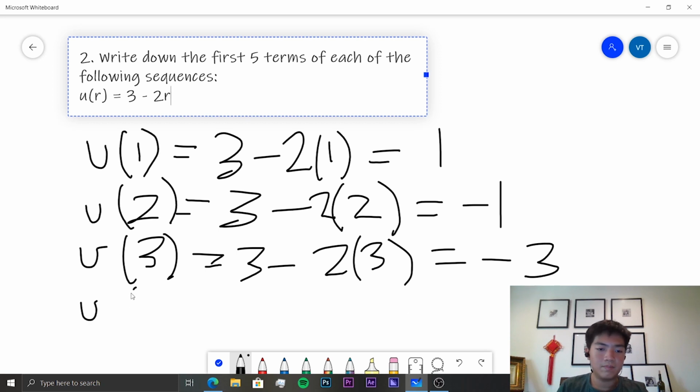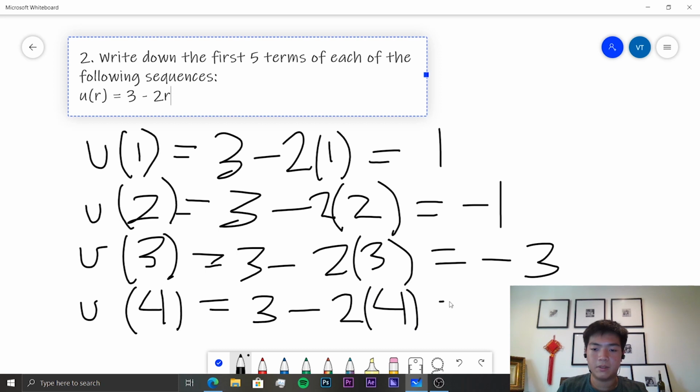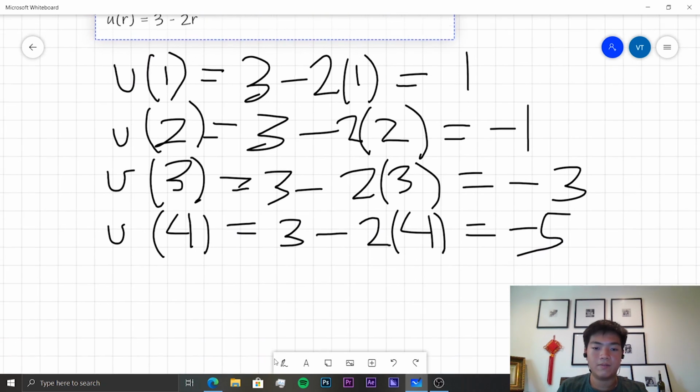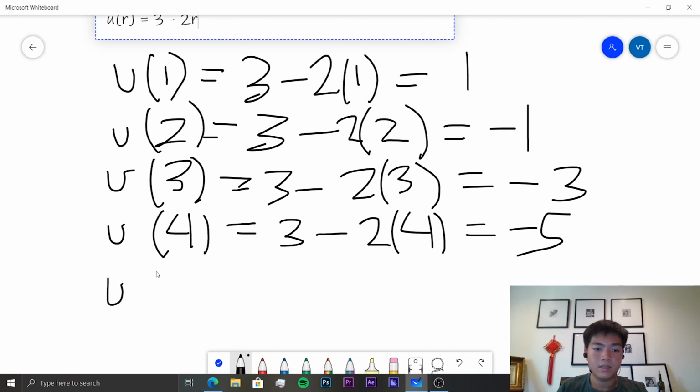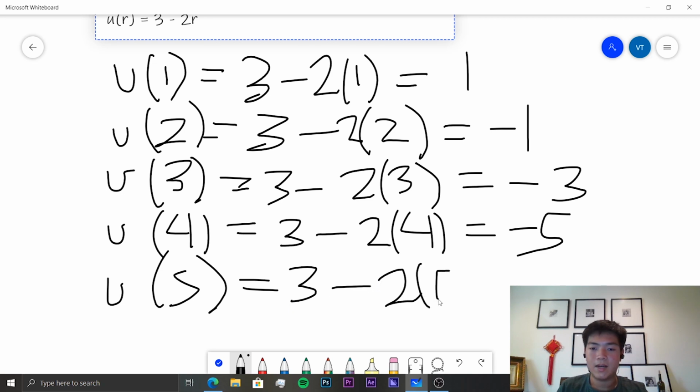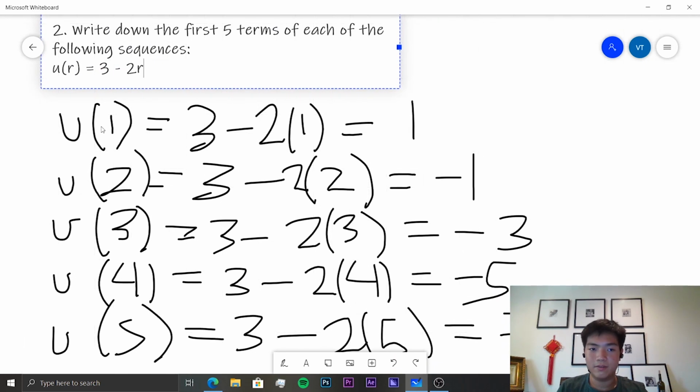The fourth term is equal to 3 minus 2 times 4, which is equal to negative 5. And finally, the fifth term is equal to 3 minus 2 times 5, which is equal to negative 7. So these are the first 5 terms of this sequence.